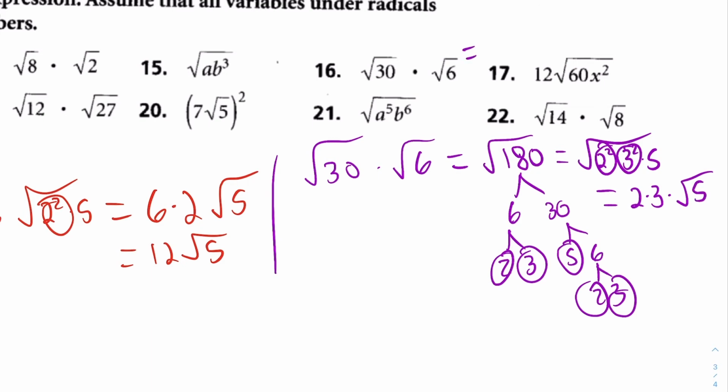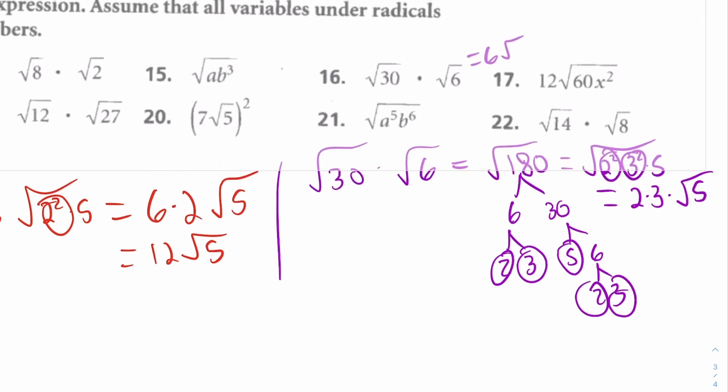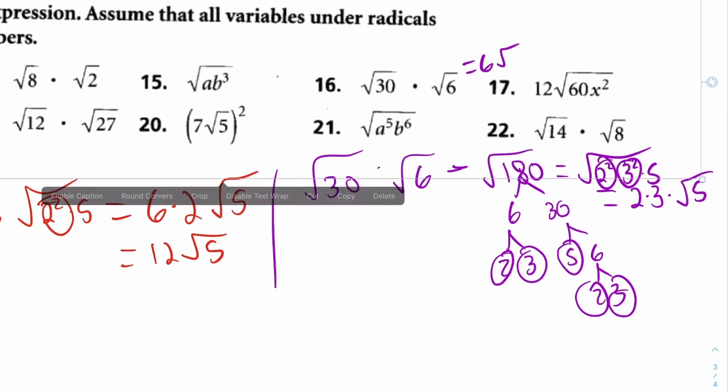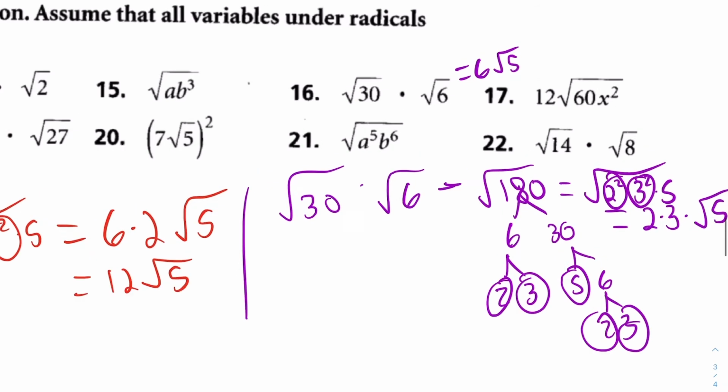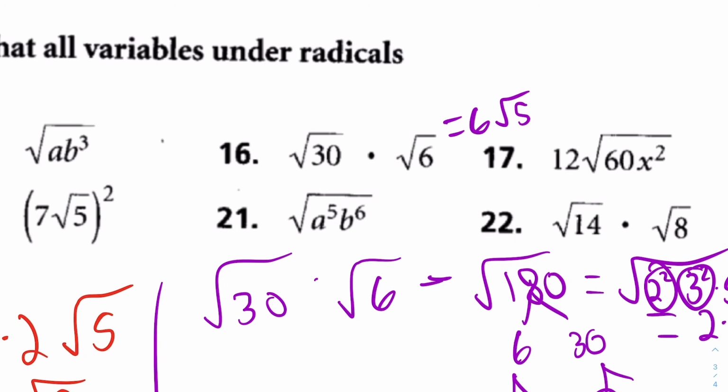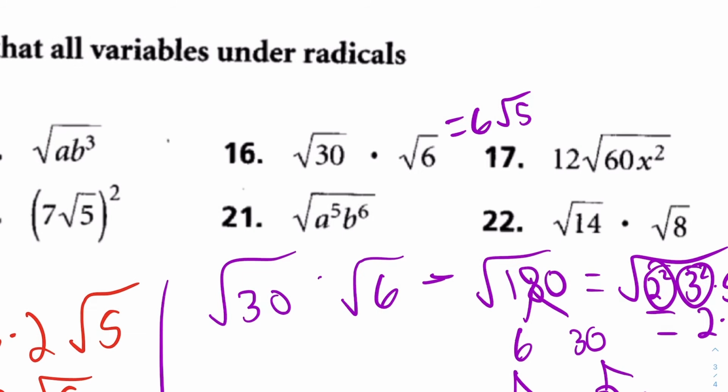That means that the answer to this is 6 square root of 5. It looks similar to what we started with, but 6 square root 5 is very different. Well, it's equivalent, but its form is very different from what we started with.